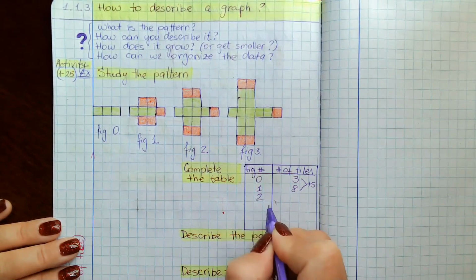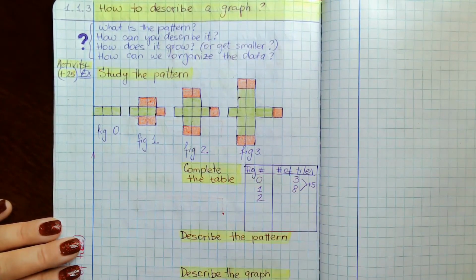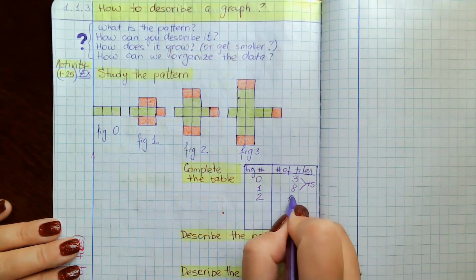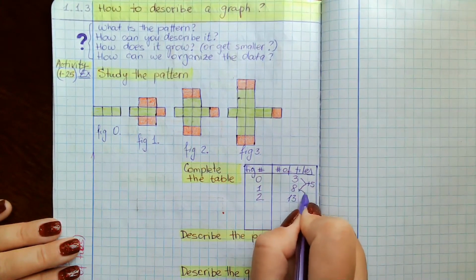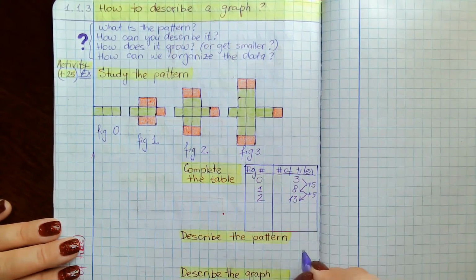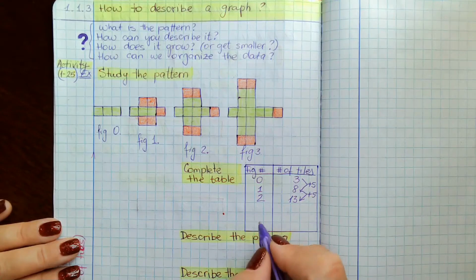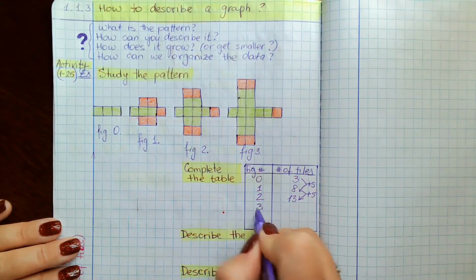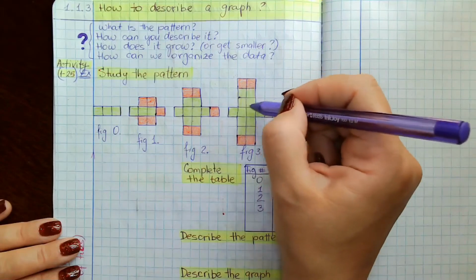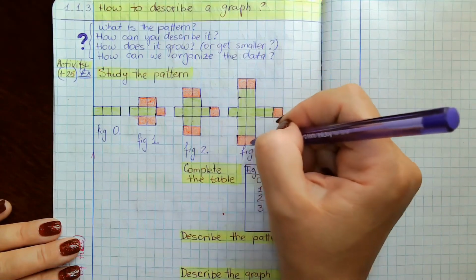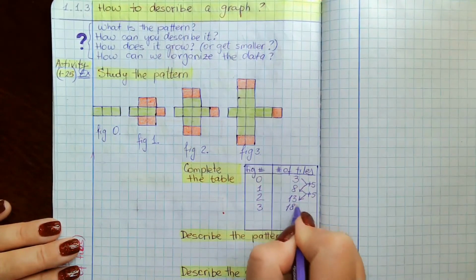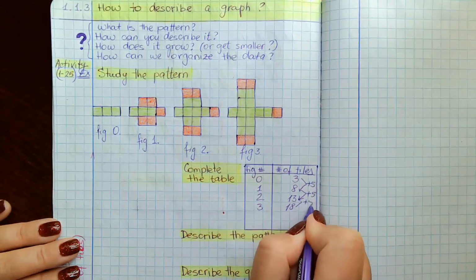Then the second, or figure number 2, was 13, which is growth again by 5. And then figure number 3 has 1, 2, 3, 4, 5, 6, 7, 8, 9, 10, 11, 12, 13, 14, 15, 16, 17, 18, which is 13 plus 5.